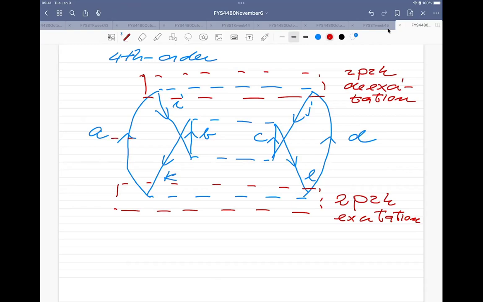I just wanted to ask you guys, how would you label that specific state which you have between these different vertices? If you count the number of hole lines and particle lines, what would that be called? Just to give you a hint, I have two particles and two holes.